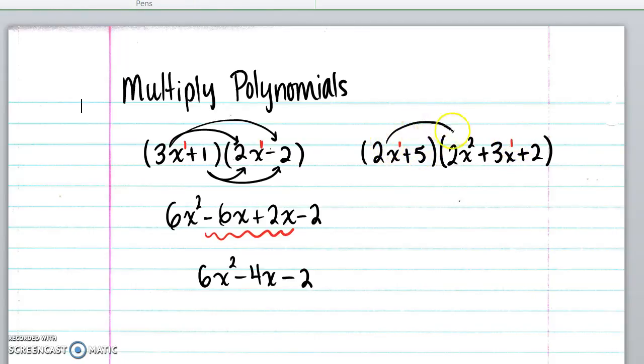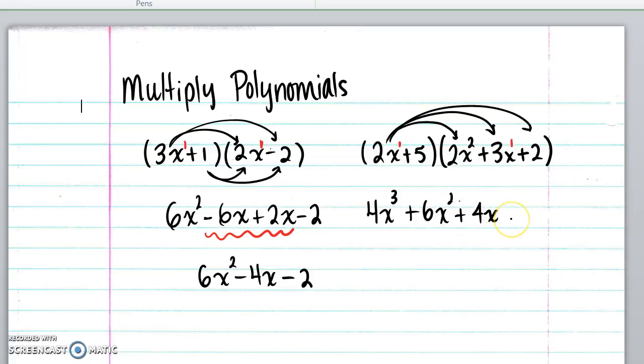Okay, so 2x times 2x squared is 2, nope, sorry, you have to actually multiply, is 4x cubed. Remember you add the exponents. Then 2x times 3x is 6x squared. 2x times 2 is 4x. Now we've got to go back and distribute the 5.